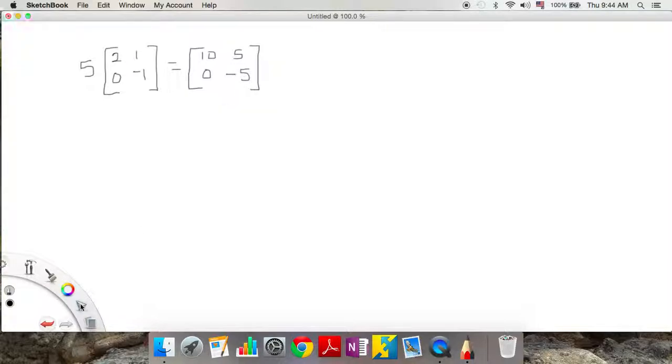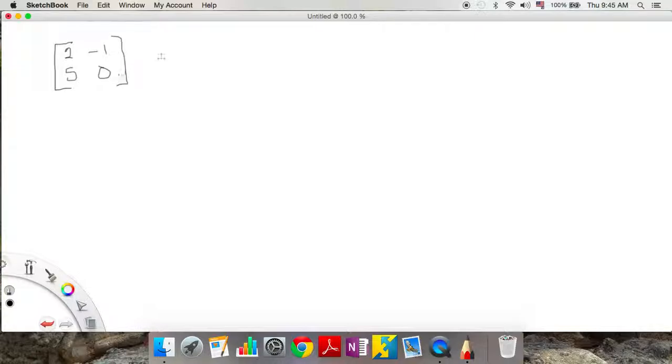Now, multiplying matrices themselves is a little bit more difficult. When you're multiplying matrices, you have to be very careful about the sizes. For example, if we have let's say a 2 by 2 matrix, then this matrix is 2 by 2.